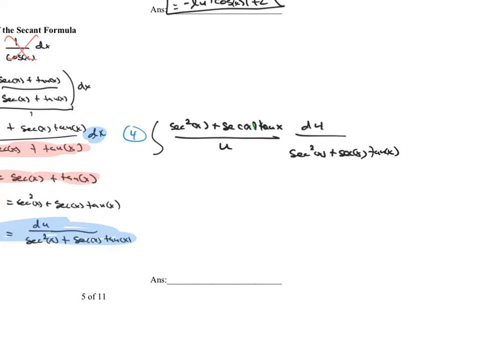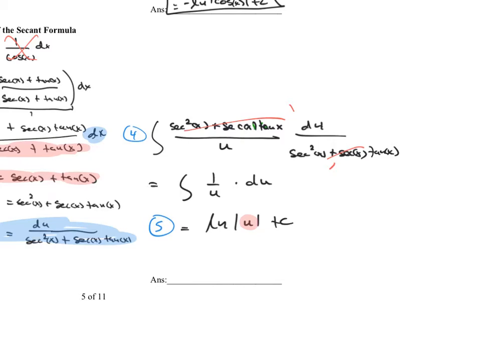Notice what happens. The secant squared x plus secant x tangent x terms are going to simplify into a 1, and I end up with the integral of 1 over u times du. Very, very clever there. Nice trick. This is super easy to integrate, so this is the natural log of the absolute value of u plus c. The only thing we have to do to simplify is back substitute for u.